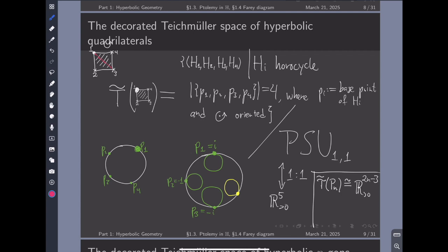So is it visible? Then every time you give me a 4 tuple, since I know which one the first one is, I can automatically determine a triangulation by ideal triangles. Namely, well, of course, I have the 4 sides.